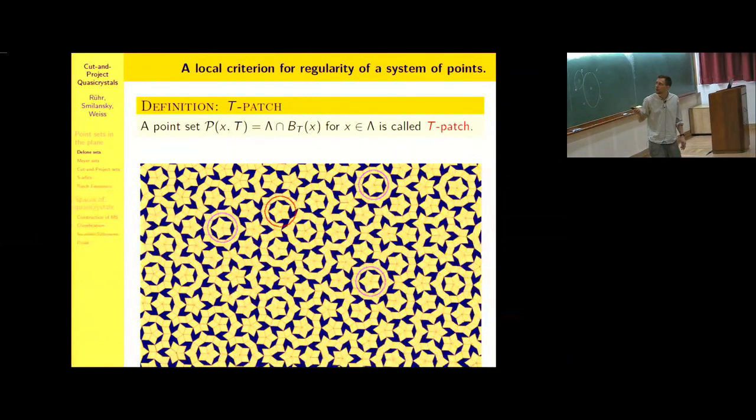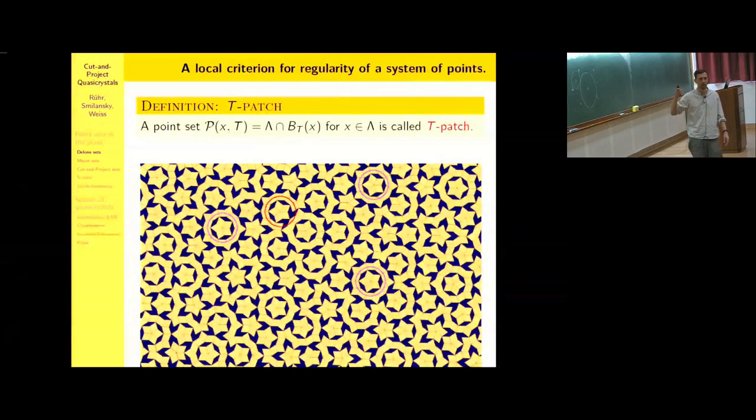And here I marked a different T patch, which is not, up to translation, the same as the other ones. I was not able to find this particular T patch a second time in this picture, and you ask whether you have some rule of how often to find a particular T patch.